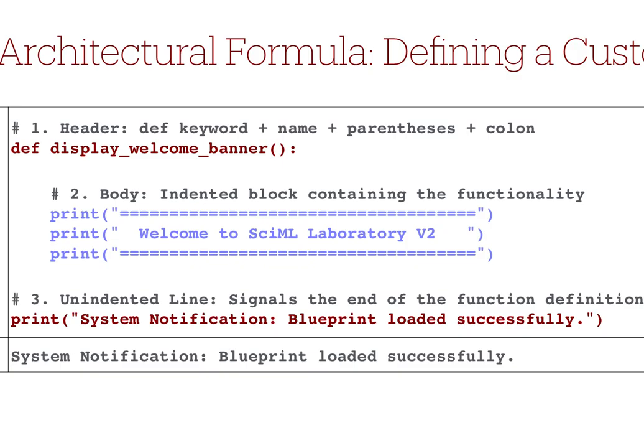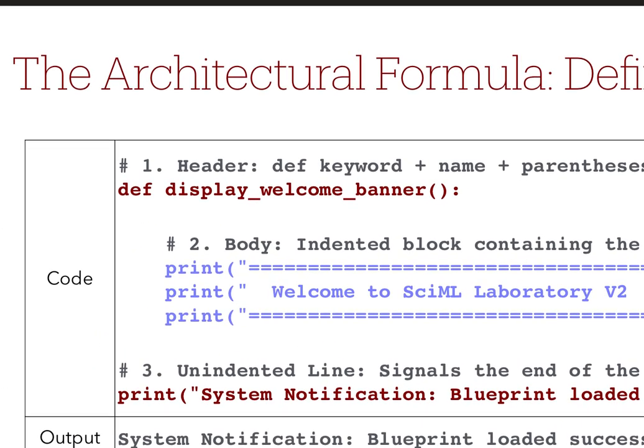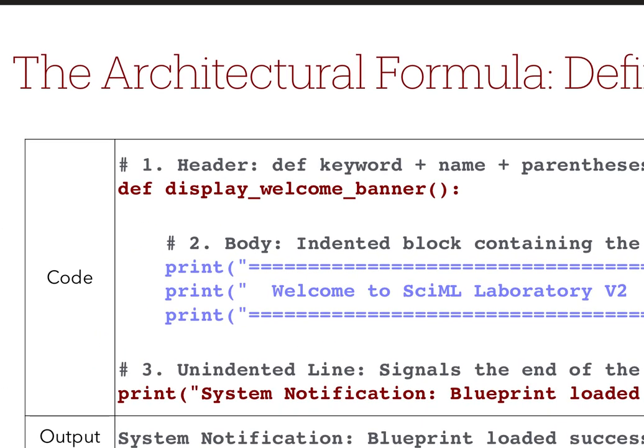So here is the format of the definition. The first word will always be def, followed by the name of the function, followed by parentheses and a colon. Right after this colon, you need to provide some indented statements.